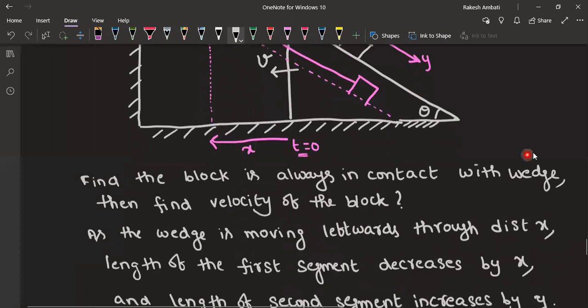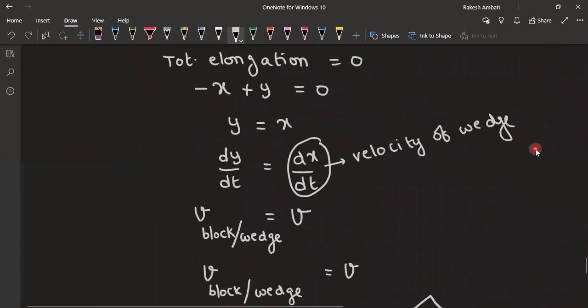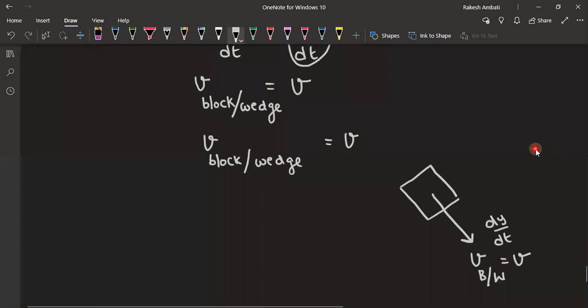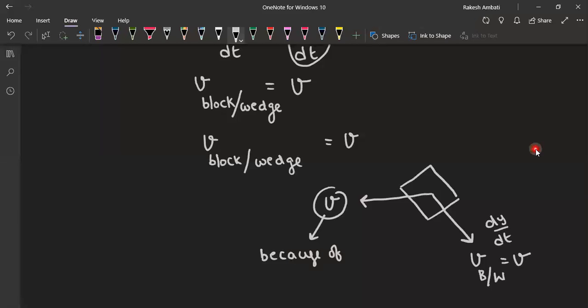So the same block has one more velocity to the left side. So this velocity v is because of contact of the block with the wedge.